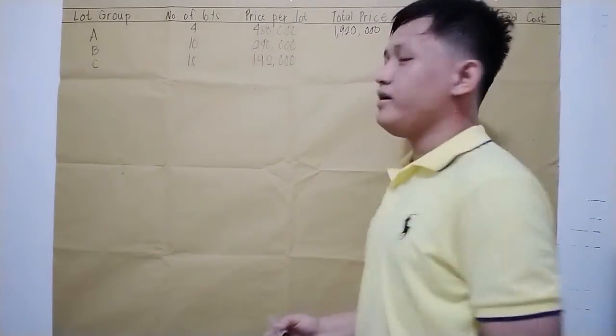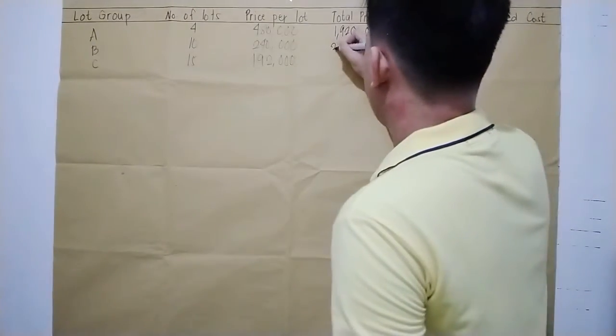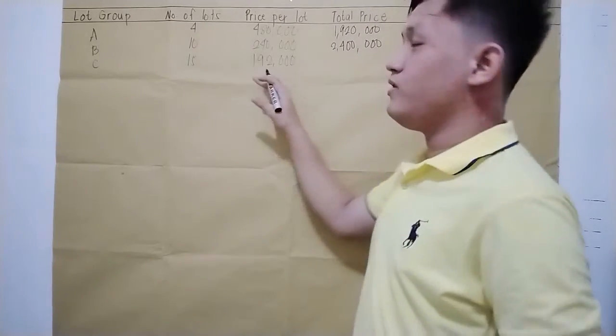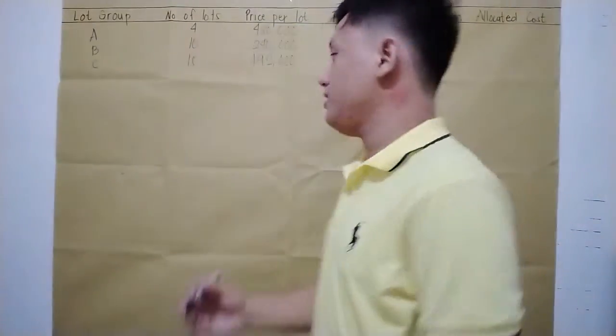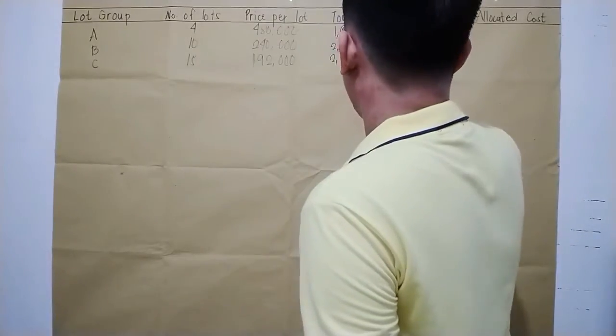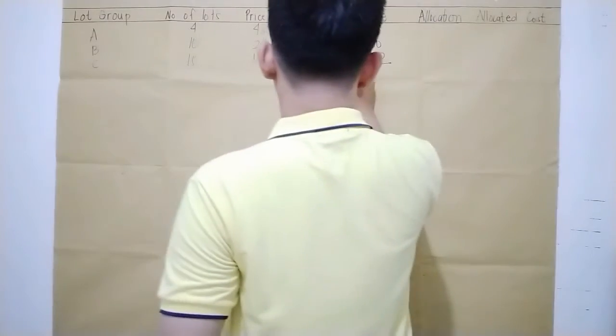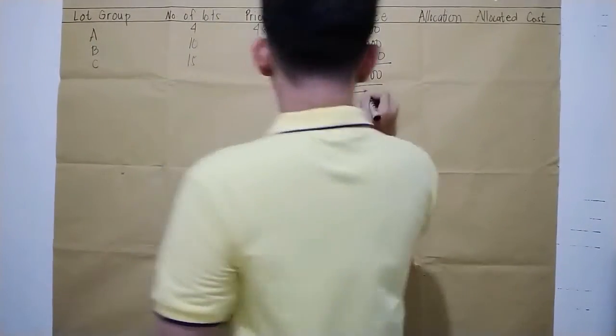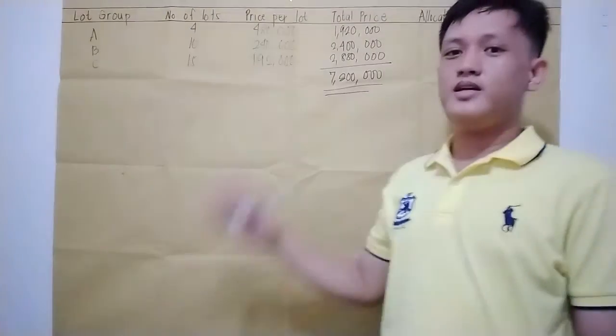Next, 240,000 times 10 is equivalent to 2,100,000. And lastly, 192,000 times 15 is equivalent to 2,850,000. So its overall total price is 7,200,000.